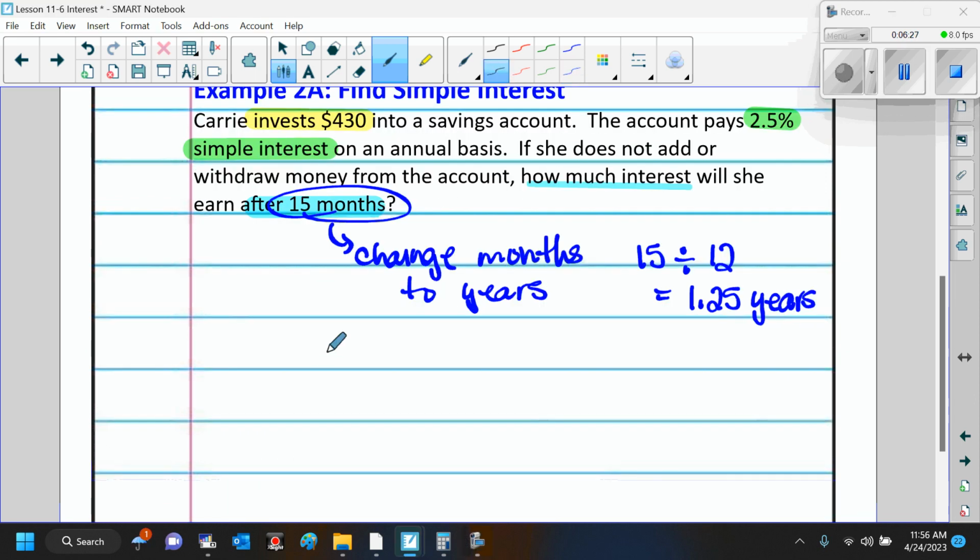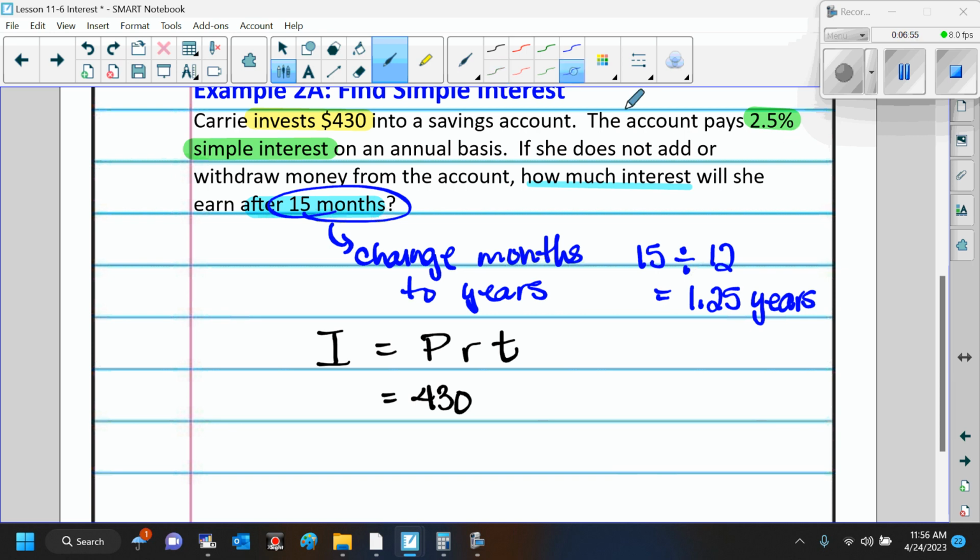What's my formula? Yeah. Interest equals PRT. Right? So the principal is equal to 430, right? 430. What's the rate? 2.5.